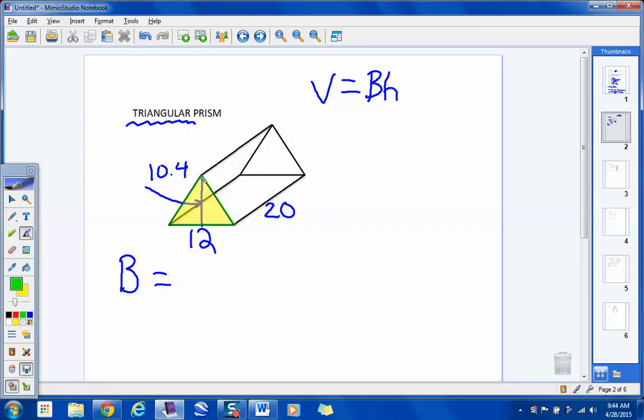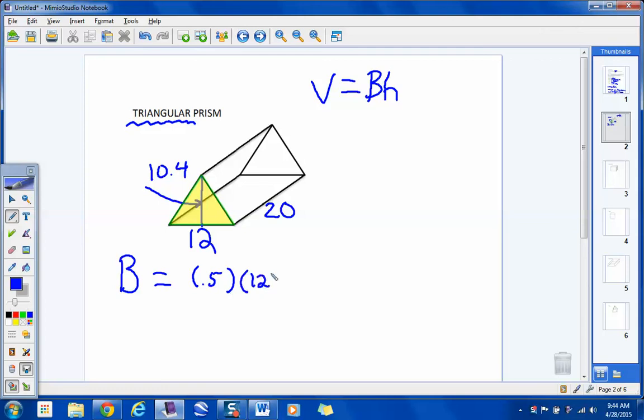Do I have enough dimensions to find the area there? Yes. What am I going to have to do to get that? Half times 12 times 10.4, right? That's where you were going, right, Izzy? So I'm going to go 1/2, 0.5, times the base of that triangle, 12.